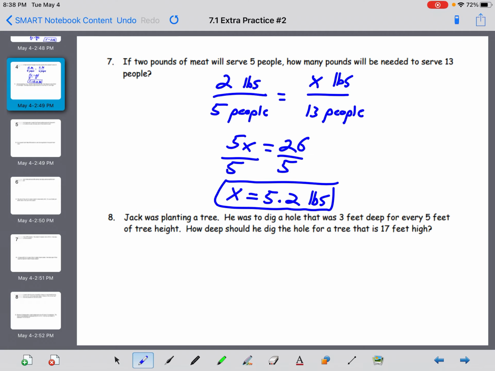Jack was planting a tree. He has to dig a hole that was 3 feet deep for every 5 feet of tree height. So 3 deep for 5 feet in height. Okay. How deep should he dig the hole for a tree that is 17 feet high?